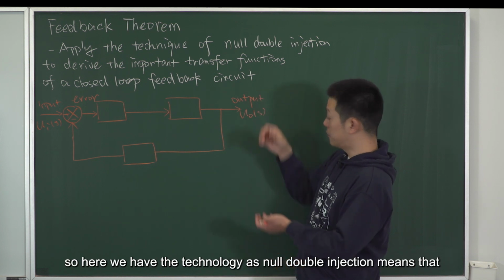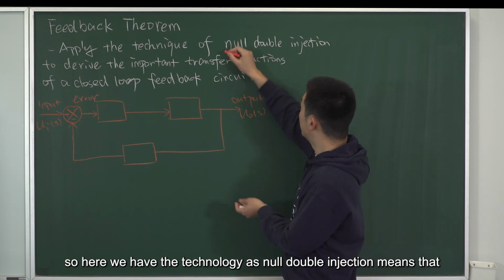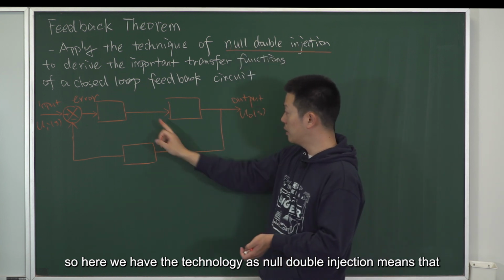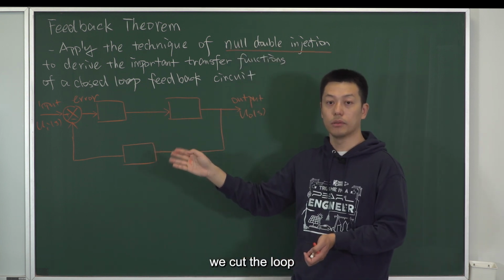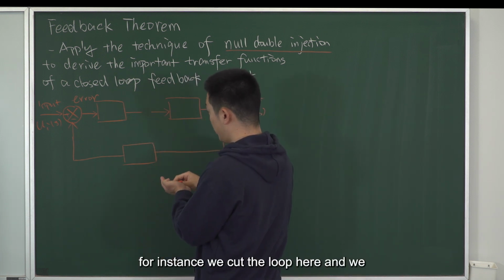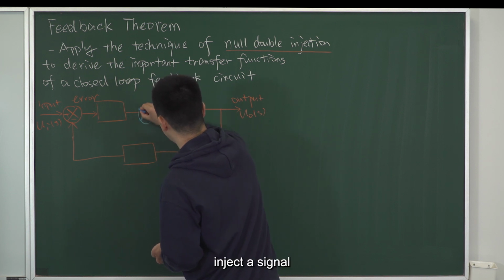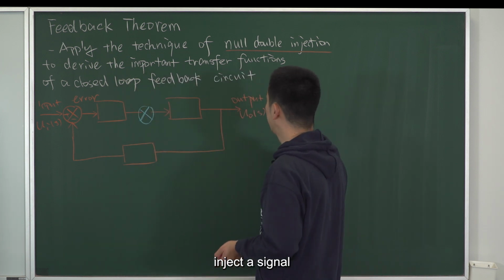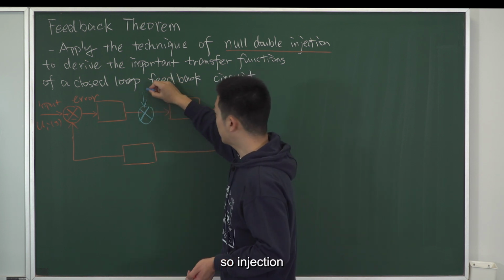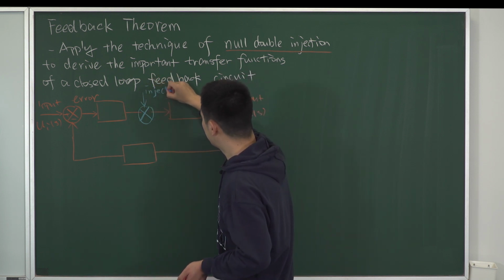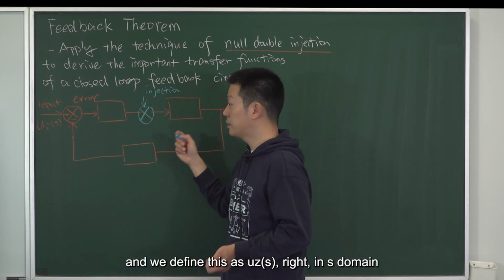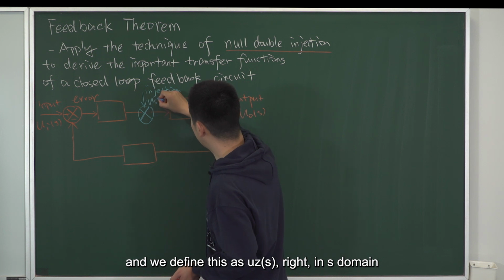So this is the regular system, right? Here we have the terminology null double injection. It means that we cut the loop. For instance, we cut the loop here and inject a signal. So, injection. We define this as UZ, in the S domain.